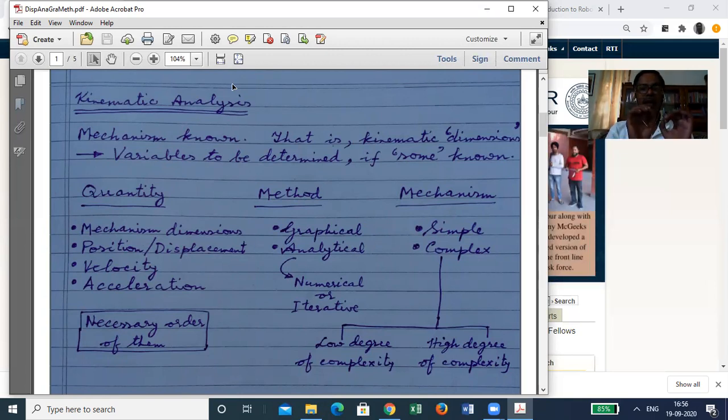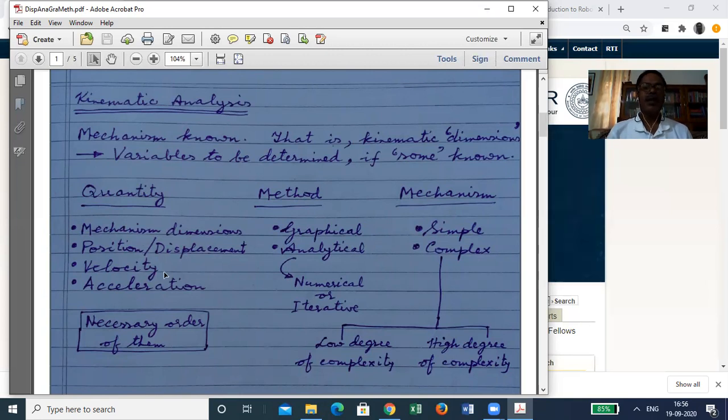So, so far as analysis is concerned, all the kinematic parameters, all the kinematic dimensions of the mechanism are supposed to be known. Fine. So these are the quantities involved.